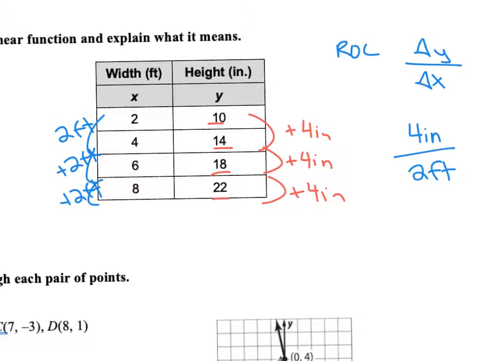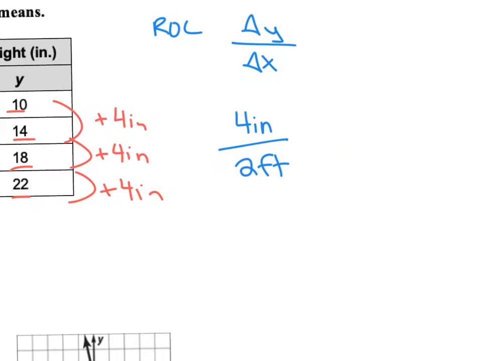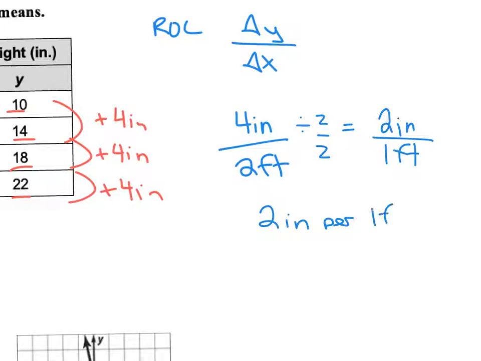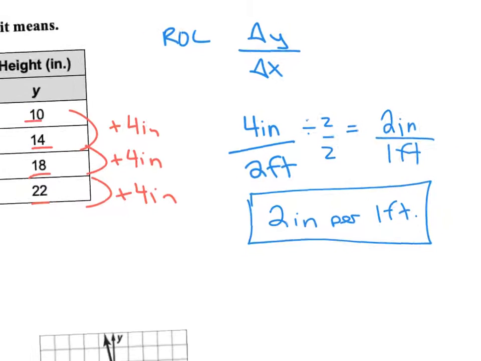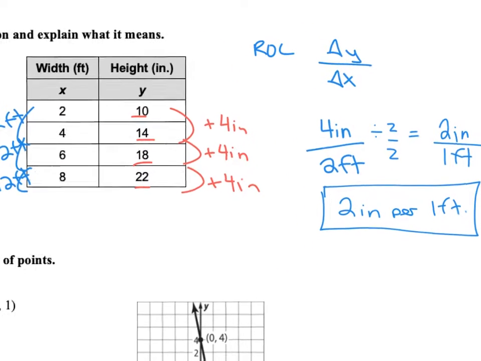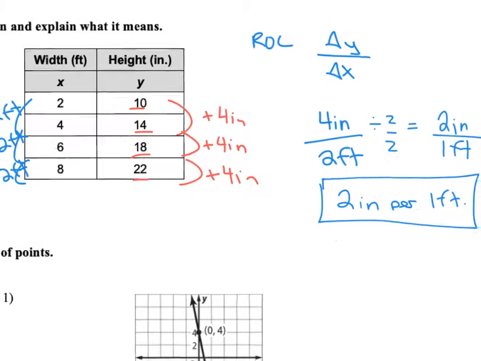We can do that. 4 divided by 2 is 2, and 2 divided by 2 is 1. So we get 2 inches per every 1 foot. And we would write this as 2 inches per 1 foot. So what that means is that the height is 2 inches per every 1 foot of width.